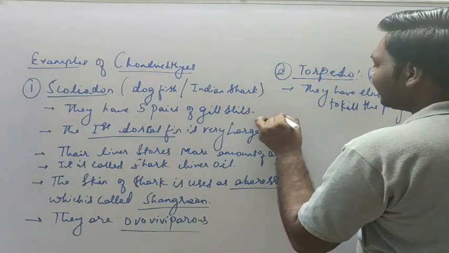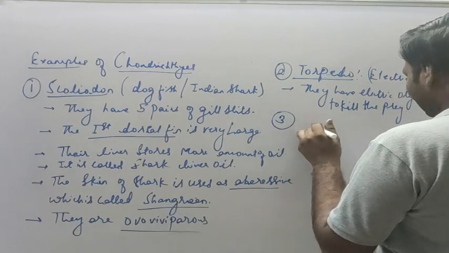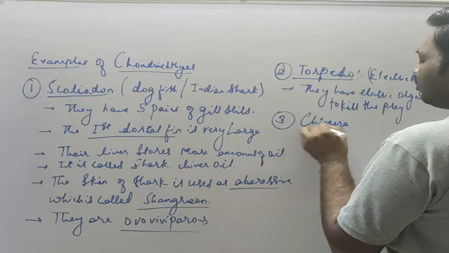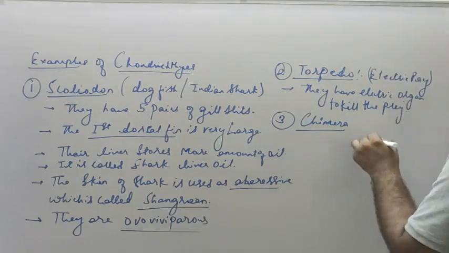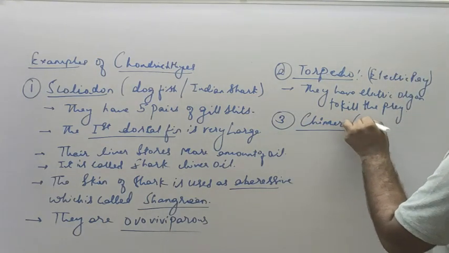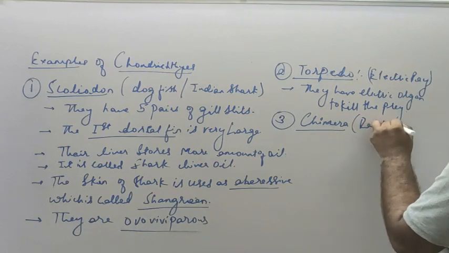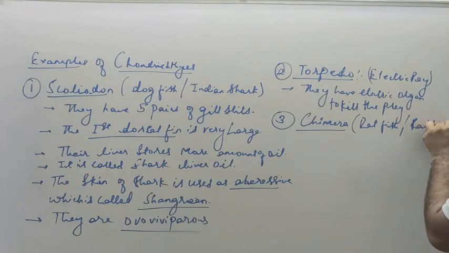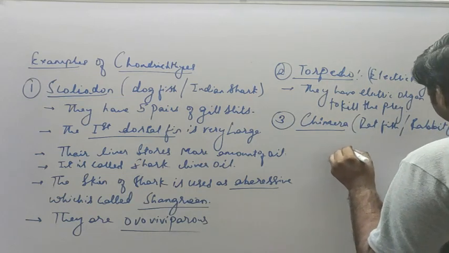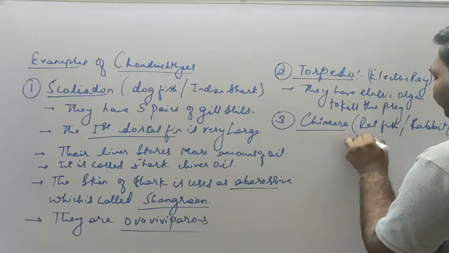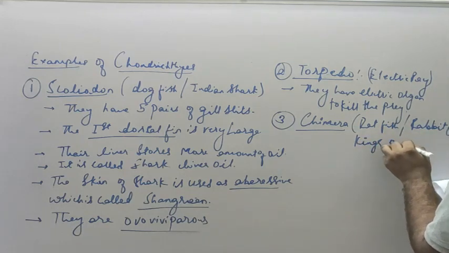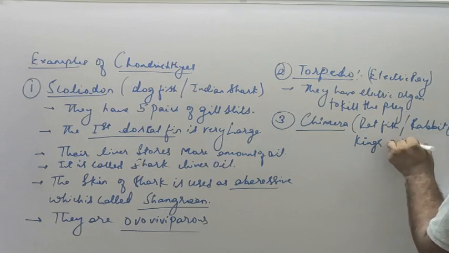The third example that we are going to discuss is chimera. What kind of fish is the chimera? This fish is also referred to as the rat fish or rabbit fish, or it is also named the king of herrings.